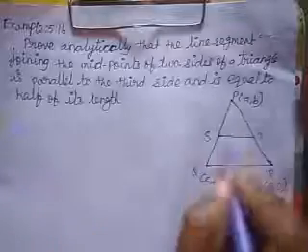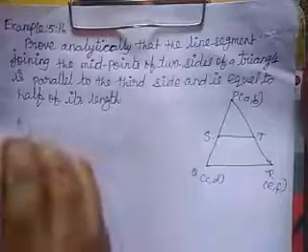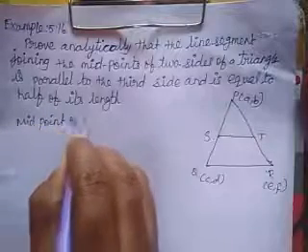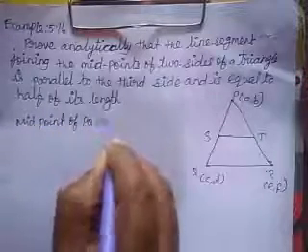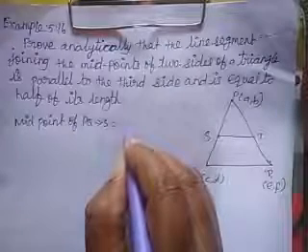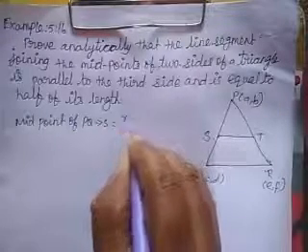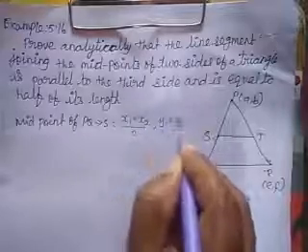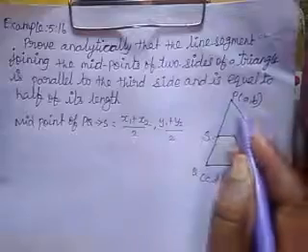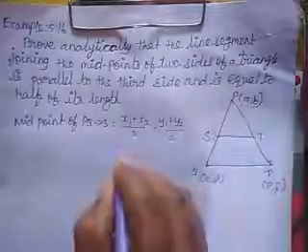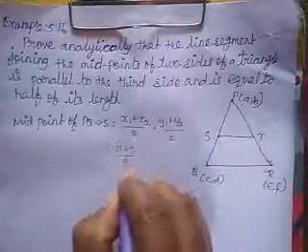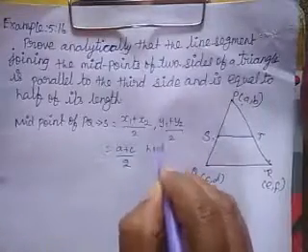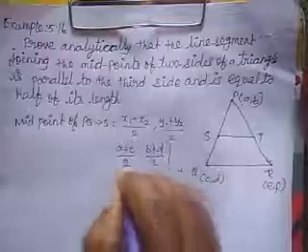So first we find the points of S and T. S is the midpoint of PQ. You know that midpoint formula: (x1 plus x2 by 2, y1 plus y2 by 2). Here x1 is A, x2 is C, so A plus C by 2, y1 is B, y2 is D, so B plus D by 2.